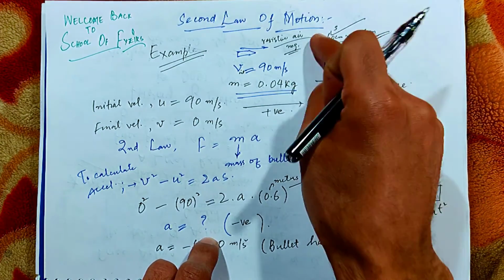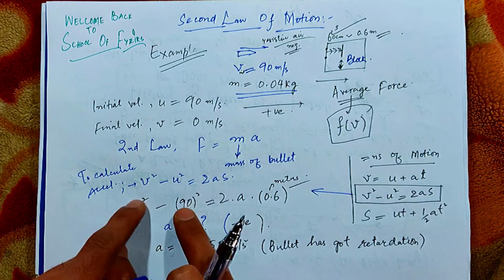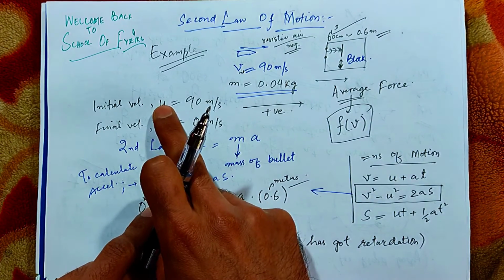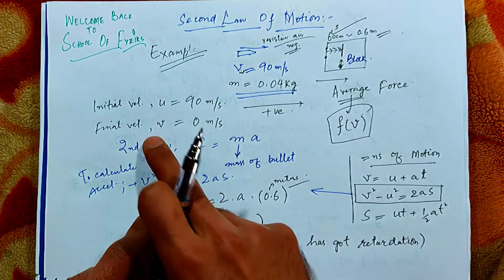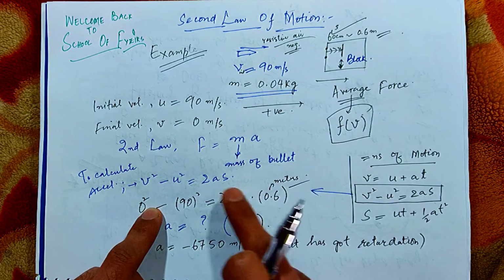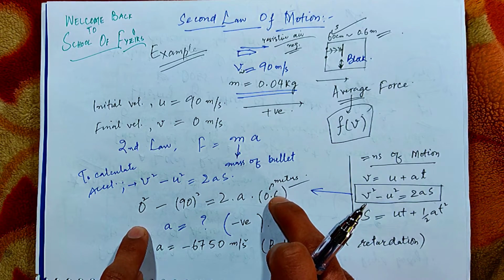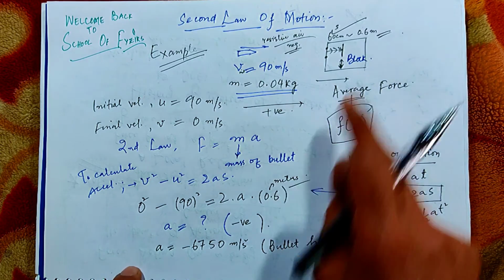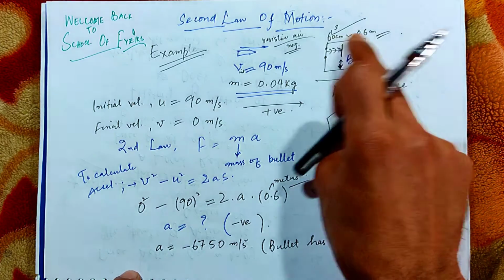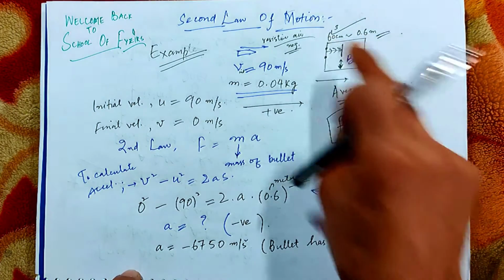In this case it is 60 centimeters, but since we are using SI units, meters per second for u and v, for this distance we also have to substitute it in terms of meters. So I used 0.6 meters instead of 60 centimeters.